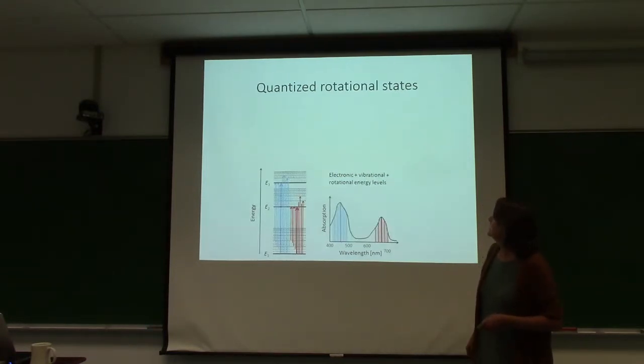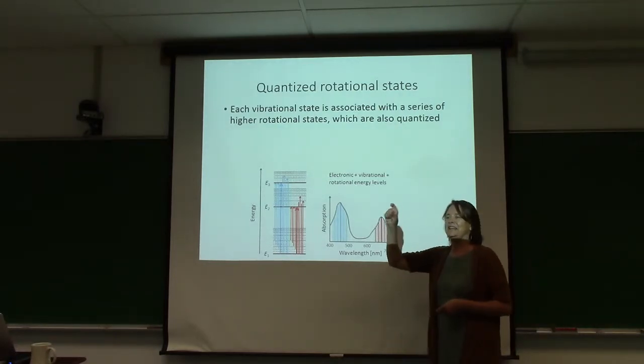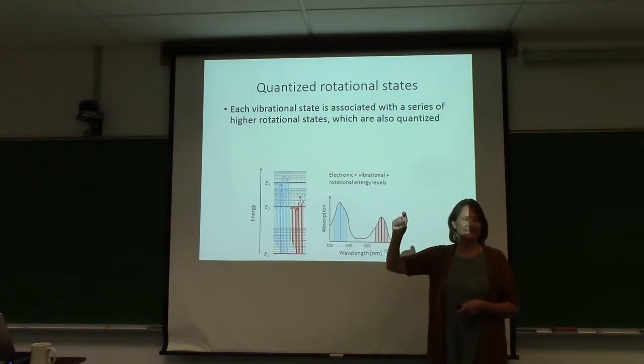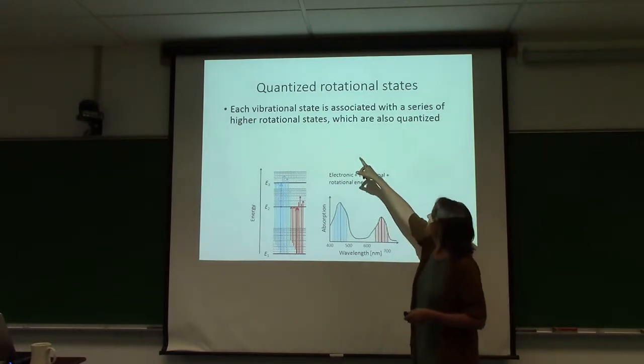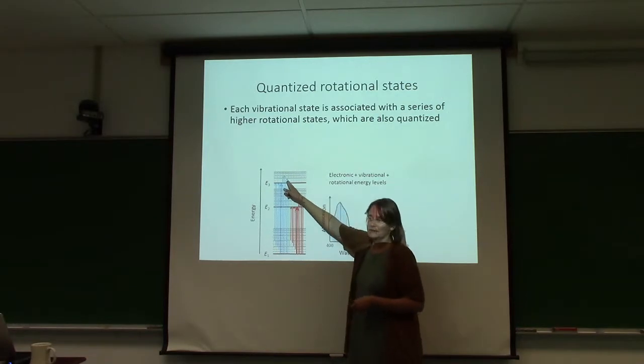Okay. Then, within each vibrational state in each electronic state, there are rotational states. And those are also quantized. And each one has an associated probability of occurrence.